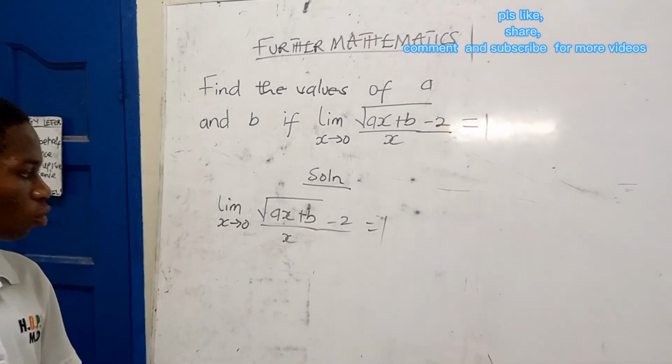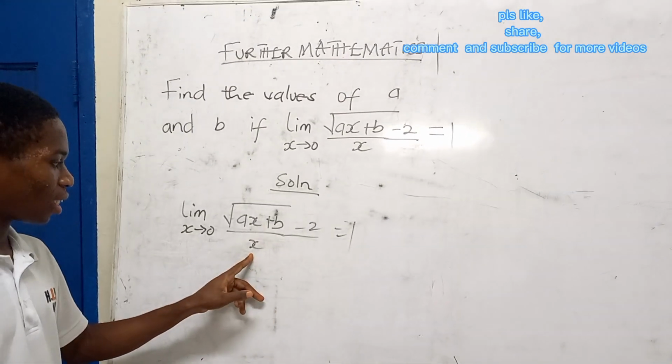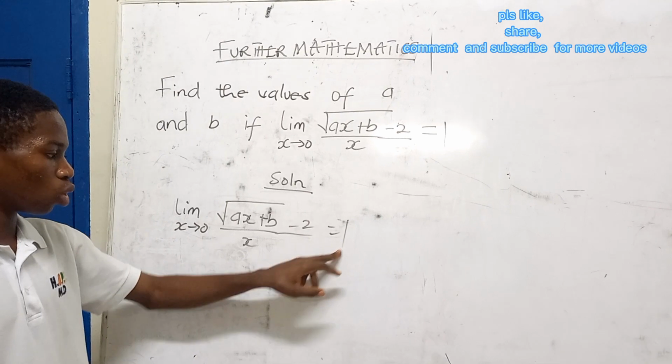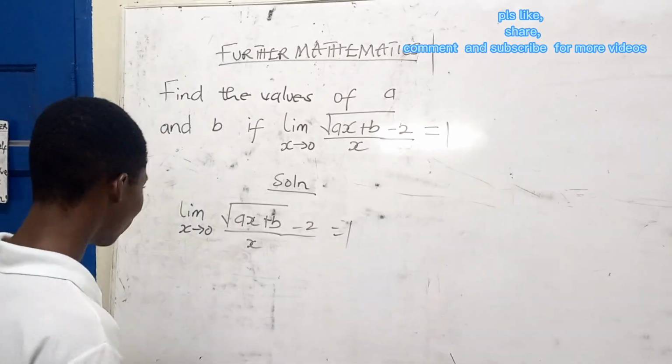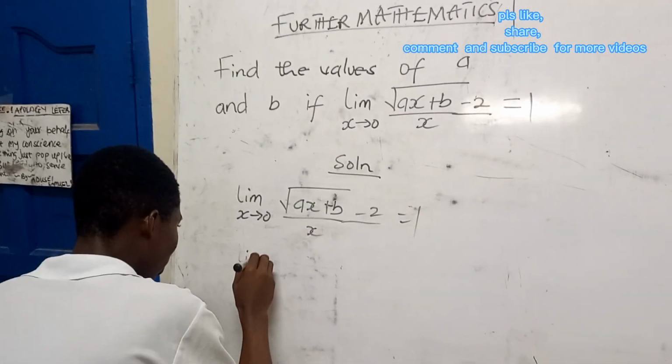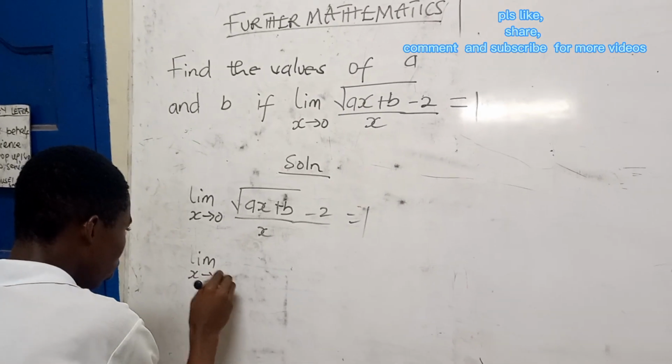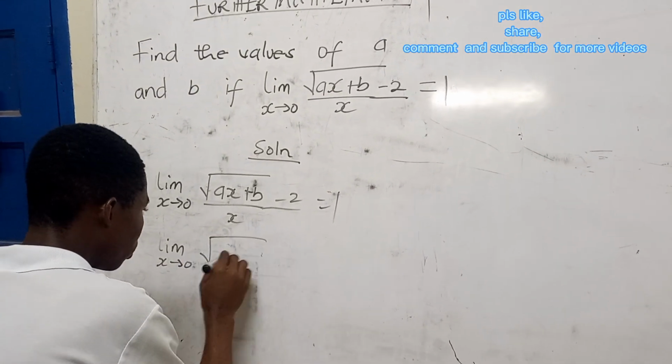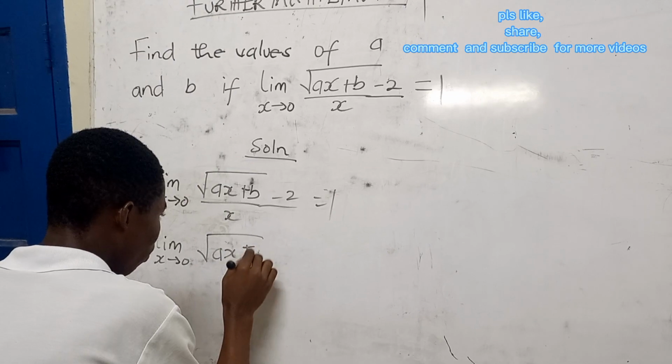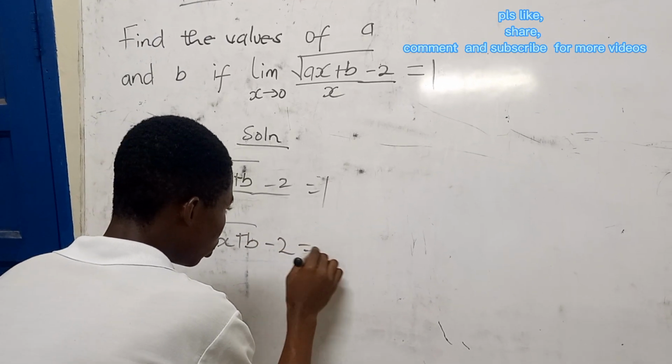What we have to do is multiply this x by the 1 here. So we are going to do cross multiplication. So we will have the limit as x approaches 0 of root of ax plus b minus 2, which is equal to x.